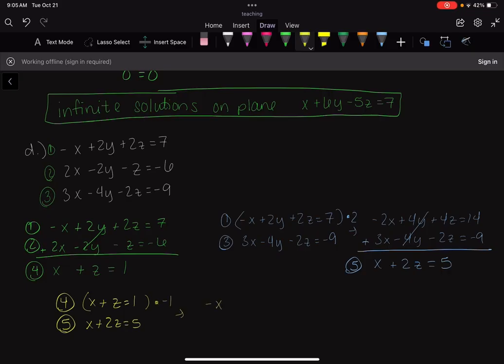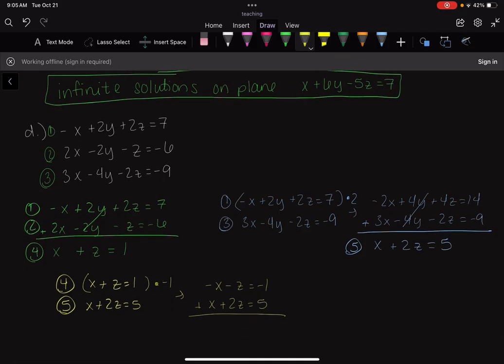I get negative x minus z equals negative 1. So I get x plus 2z equals 5. Add these together. I get z is equal to 4. So now I have one of my variables.